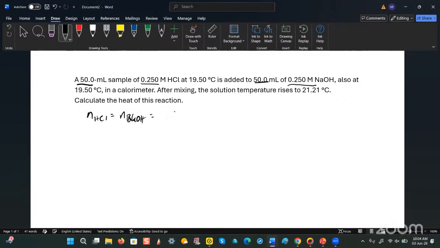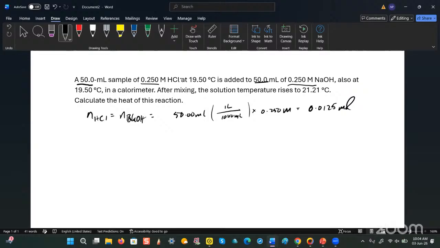And that would be equal to 50.00 mL, which we have to convert to liters. So 1 liter over 1,000 mL. And then we multiply that by 0.250 M. So that's 50 divided by 1,000 times 0.250. So according to my calculation, this comes out to be equal to 0.0125 moles, right? So the moles of the acid and base are both the same.